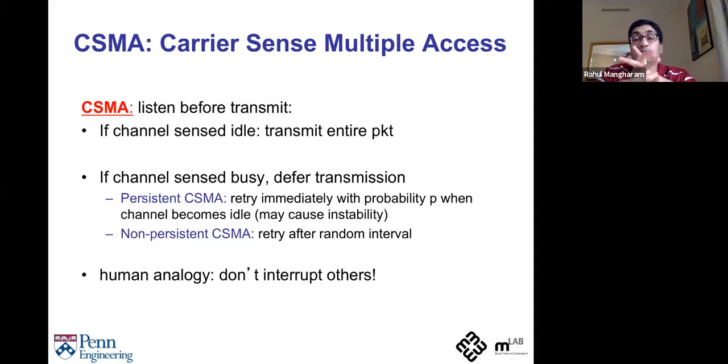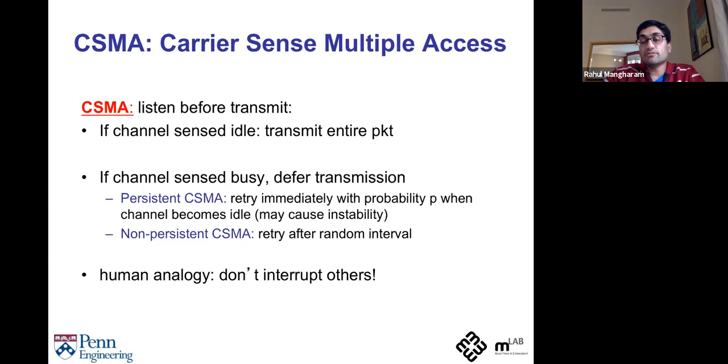I'm going to wait for 18 small time intervals, and each time interval could be like 10 microseconds. So I wait for 180 microseconds before I wake up again and ask, can I send a packet now? And I check again, right?